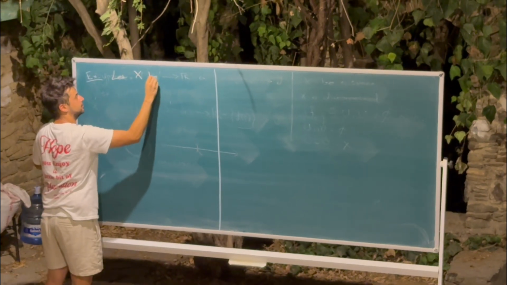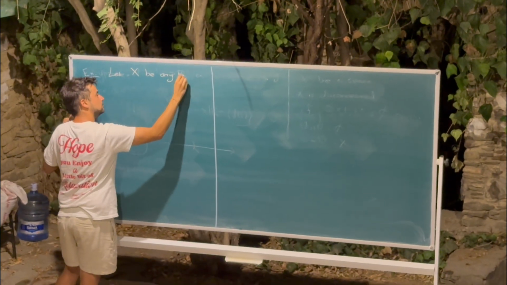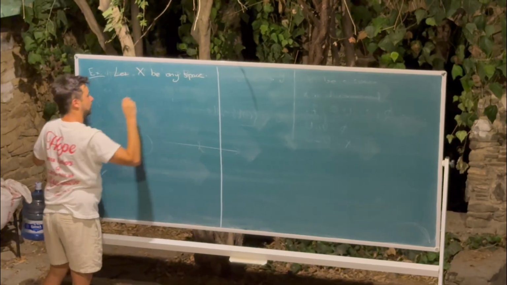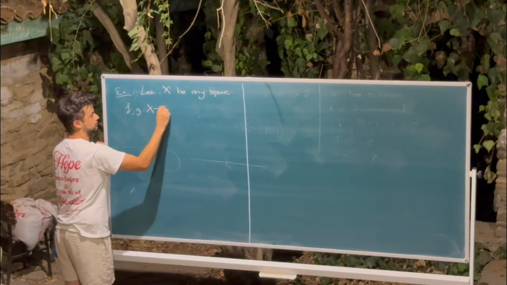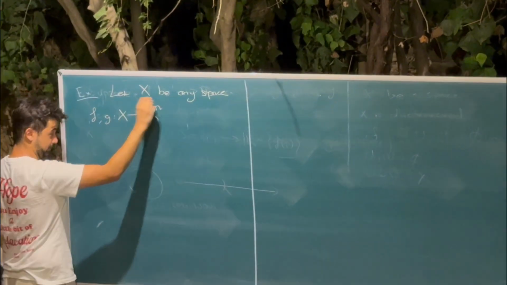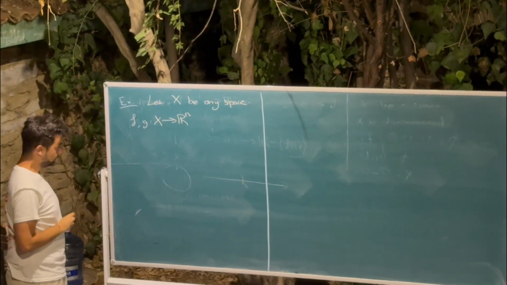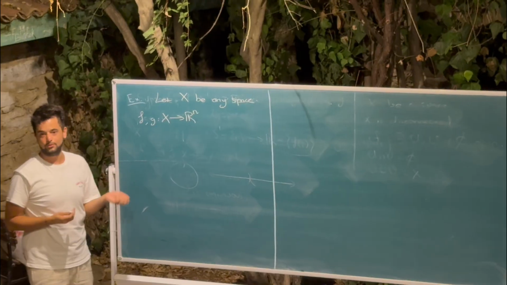Let X be any space, and let's take two maps, f and g, from X to R^n. You can pick your favorite R^n. I claim that they are homotopic to each other.